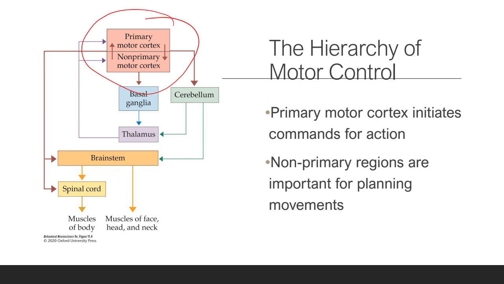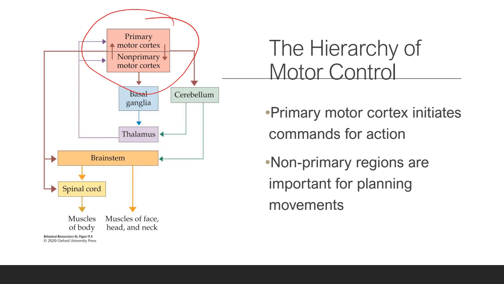And up higher in the cortical regions, which we'll talk about in a lot more detail during the live class, for now we'll just say the primary motor cortex is an important region for initiating movements, initiating those commands that are going to move the muscles.